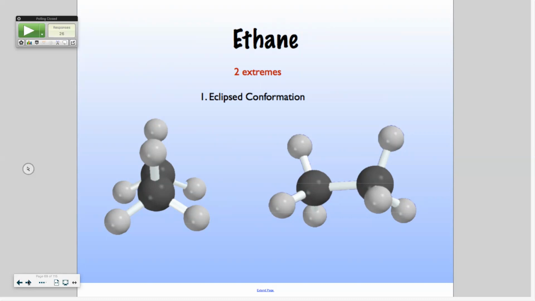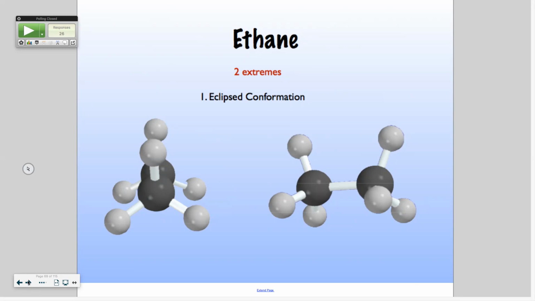But there are 2 extremes where they're all lined up. This hydrogen in front of this one in front of this one in front of that one. Or they're all perfectly every other one. See that? The one that's up there on that slide is the one where they're all one in front of the other.